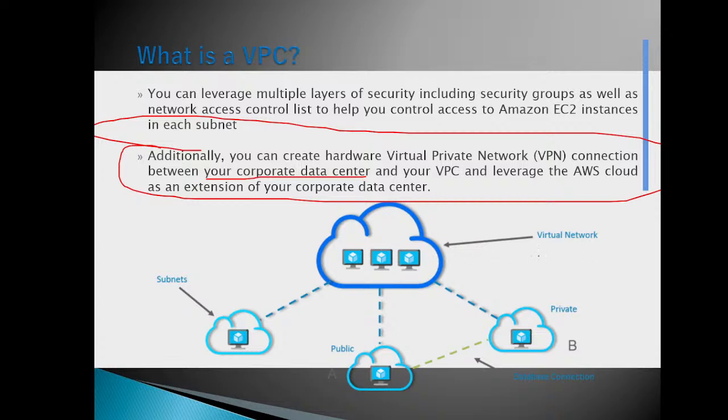Your on-premise network will be working on VPN and you want to connect to the VPC in the cloud in a private network. You can do it very easily and seamlessly, and that is provided by Amazon as an out of the box feature. So your on-premise data center and the cloud will work seamlessly as if they are in the same network.